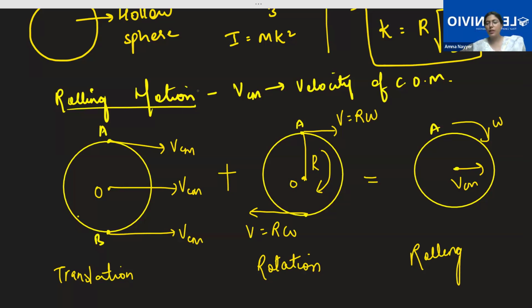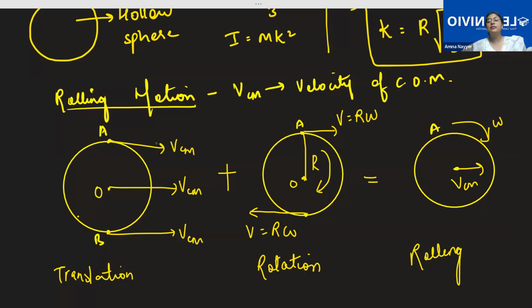Now we are going to choose three points, two in the peripheral regions and one in the central region. One is this. Let's say this is the center of mass, with velocity in this direction. This is the central point, that is VCM along this direction. And this is the B point with VCM along this direction. Now see, this is translation, meaning this is the translational velocity of the center of mass.